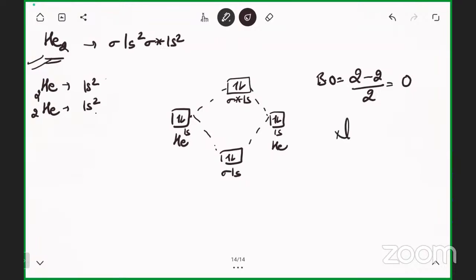It means no bond is present, so you can say that He2 doesn't exist. Why doesn't it exist? Because the bond order is 0. Clear? Yes, sir. What about He2 positive?